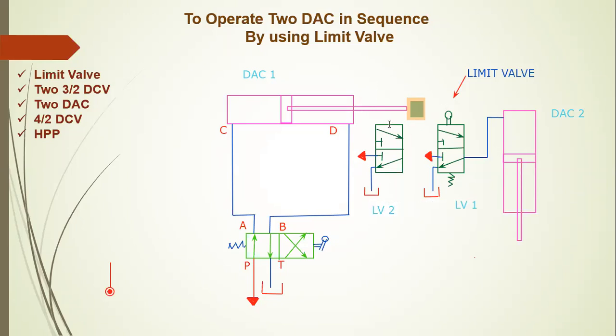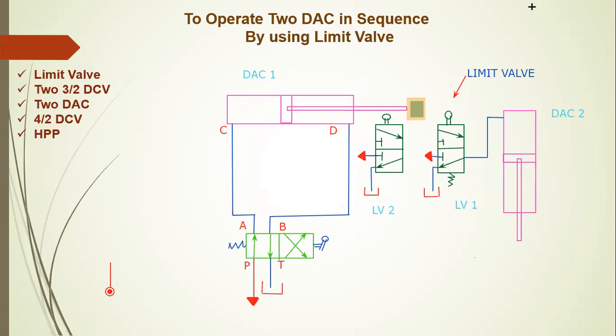Give the limiting valve symbol to the limiting valve 2. This is the complete drawing to operate 2 DAC in sequence by using limiting valve.